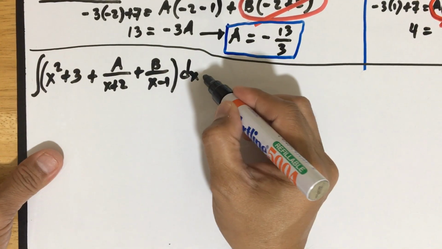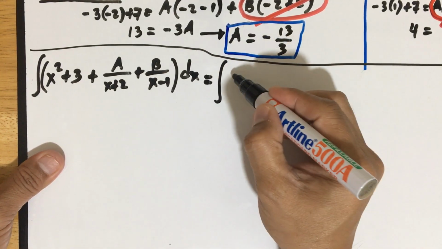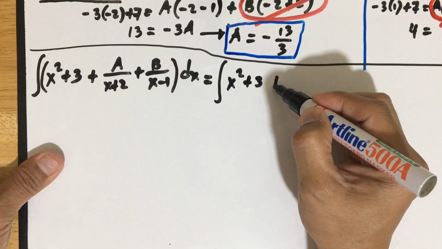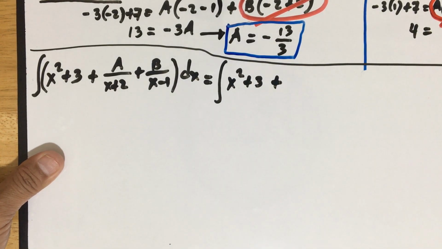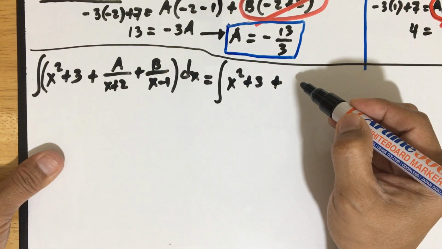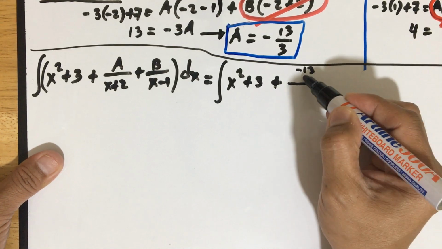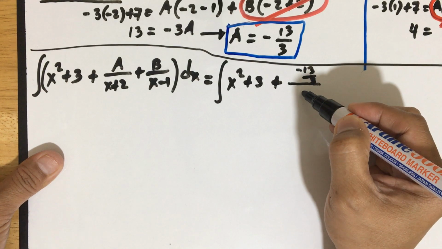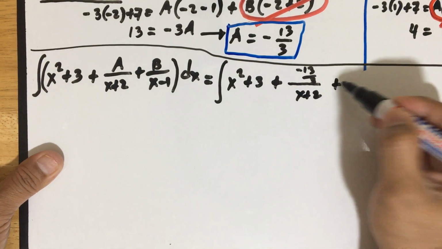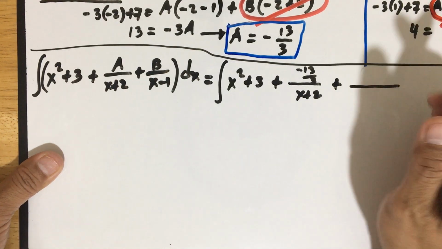Now we have the values of a and b, so substituting: the integral of x squared plus 3 plus our a, which is minus 13 over 3, divided by x plus 2, then plus our b, which is 4 over 3.